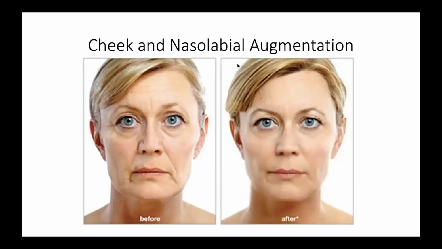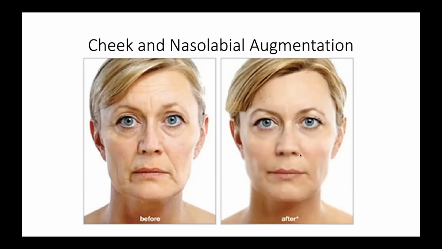Cheek and nasolabial augmentation can really help appearance. Here, she's also had some Botox. You can see that her forehead rhytids, forehead lines, are also gone. But nasolabial folds, not only can we inject underneath these, but if we augment the cheek here and build out the cheek, it brings up and out the cheek, and it'll efface a part of this nasolabial fold as well.